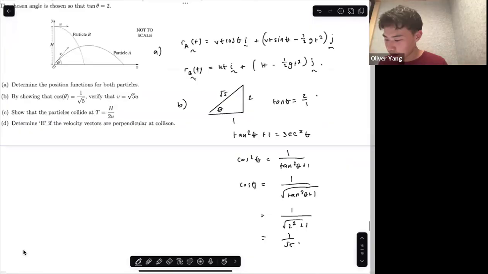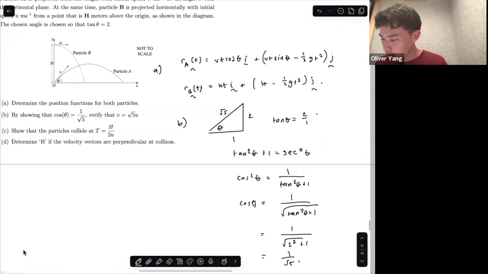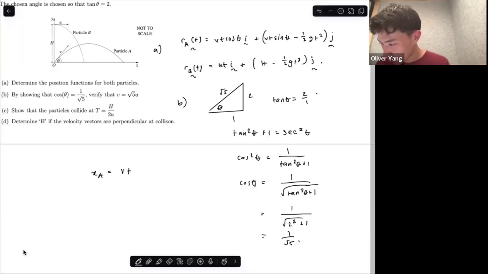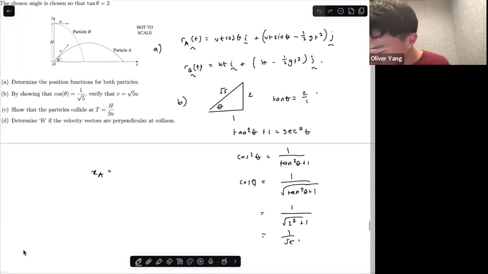And then how do we know that V equals root 5 u? Well, we just sub it in. So for our x variable of A, we know that, sorry, we let the x components equal each other.